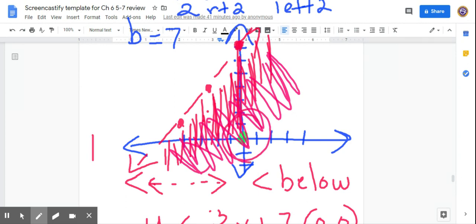So that means I did it right. If 0 worked and you came up here and you had shaded above, okay, you wouldn't have shaded the 0, so you would have known you shaded in the wrong direction. So it's just a quick check that you can use to figure out if you shaded in the right direction.